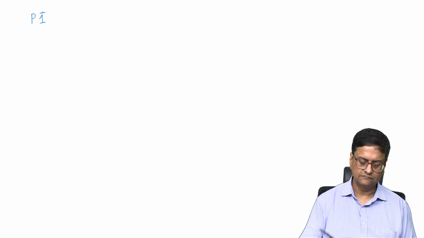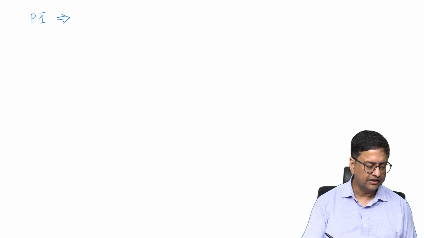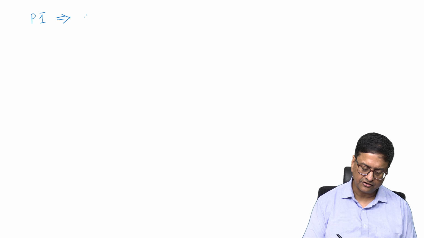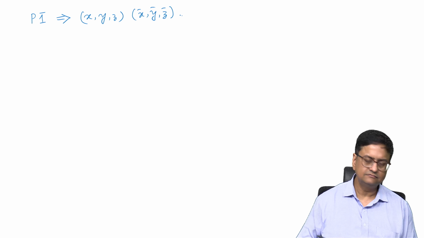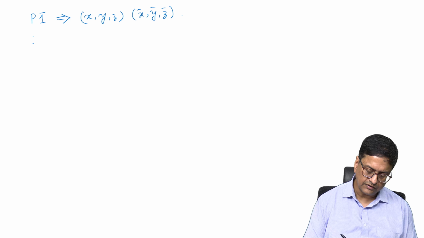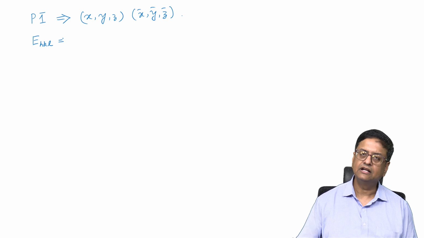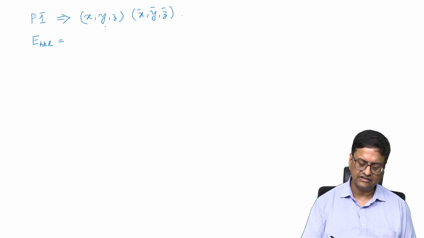So, suppose for the P1 bar system, what are the corresponding equivalent points that we have? The corresponding equivalent points are x, y, z and x bar, y bar, z bar. So, when we try to evaluate EHKL for a triclinic system, I need to do a sum on these two individual points.